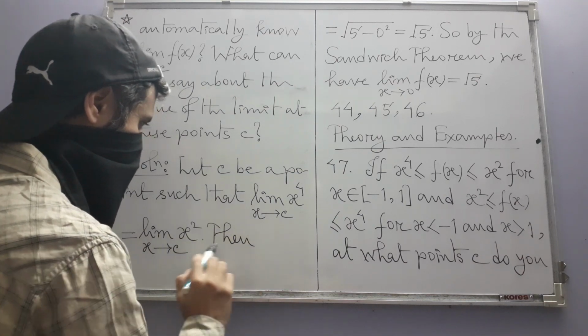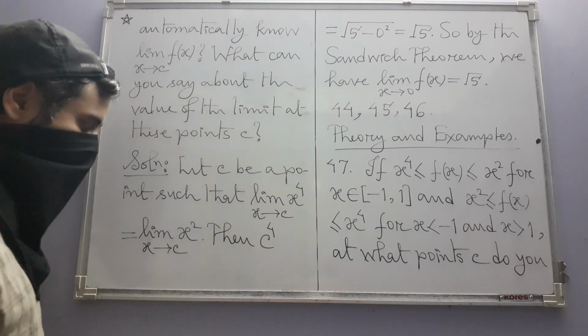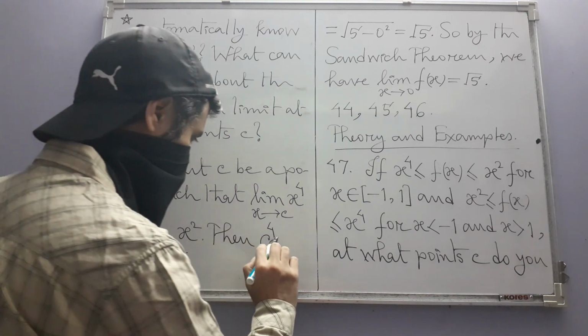Then the limit of this is the fourth power of c and the limit of this is c squared.